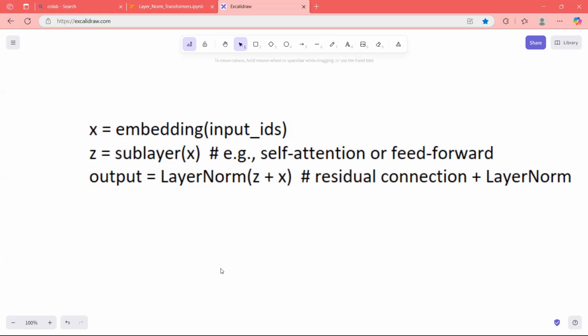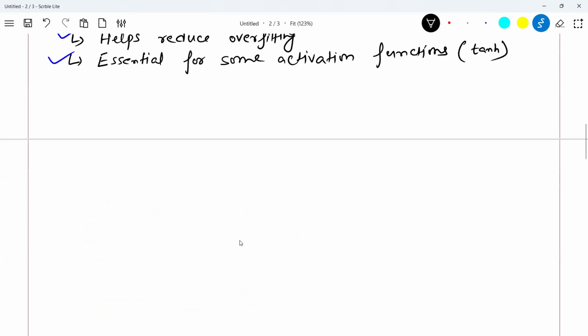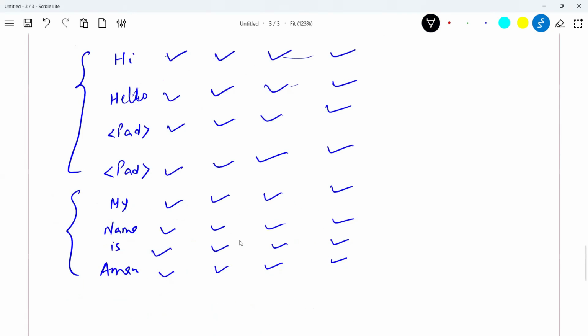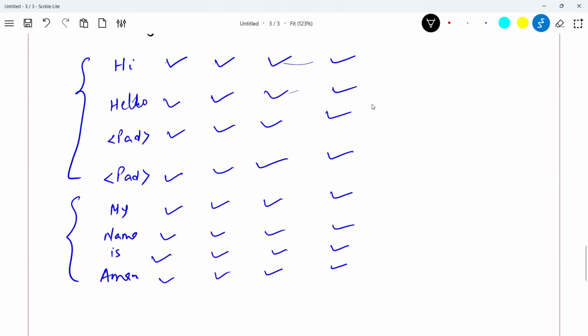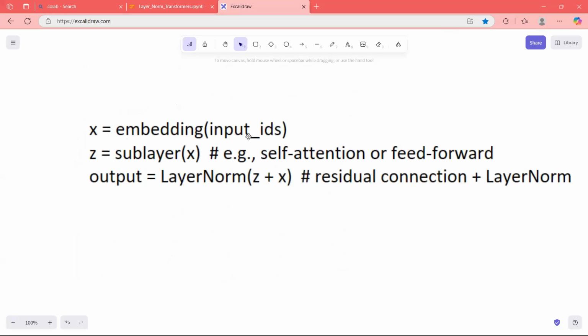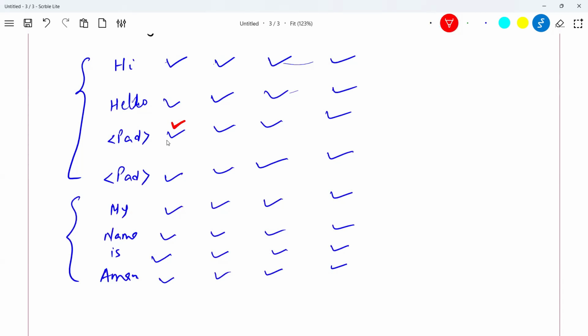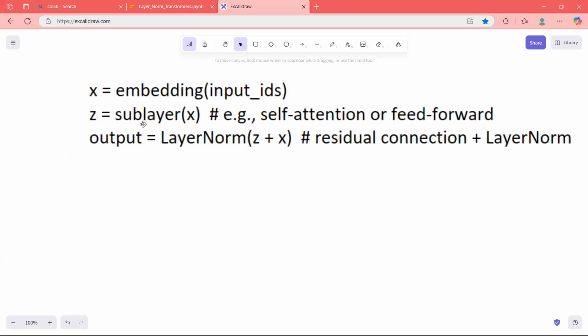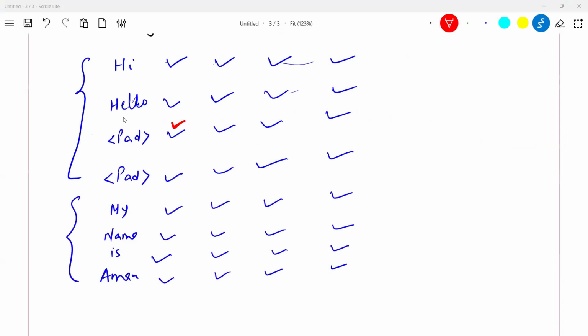X is basically these numbers, your inputs, basically embeddings of input IDs. And that X will pass through a sublayer. Sublayer means it will pass through an attention layer or some other layer.